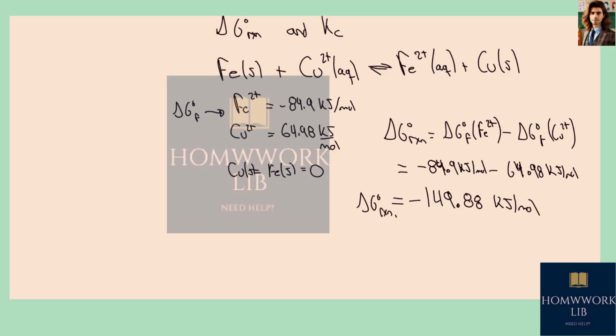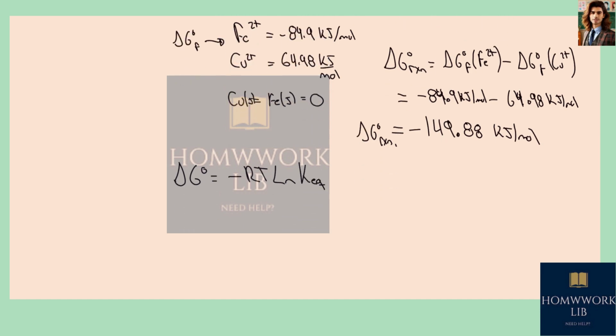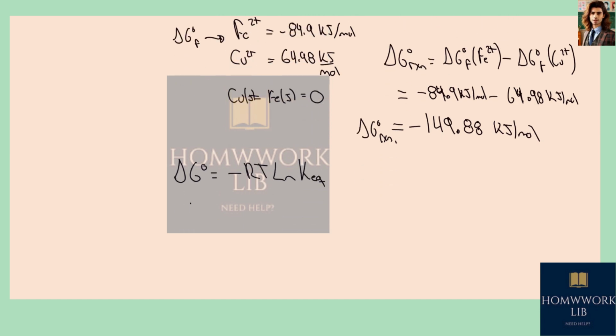With this, we can now calculate the equilibrium constant. Remember that delta G standard is going to be equal to minus RT logarithm of the equilibrium constant. Thus, we can calculate directly the Kc as the exponential of minus delta G standard divided by RT. This is going to become the exponential.